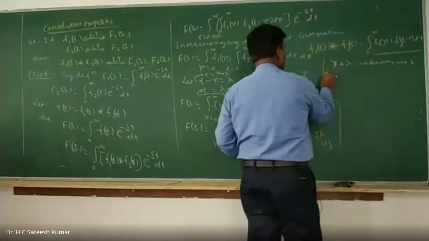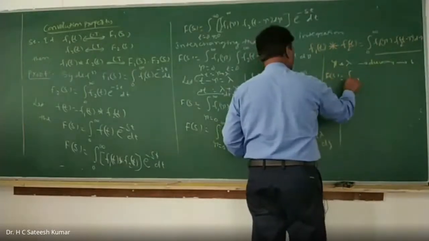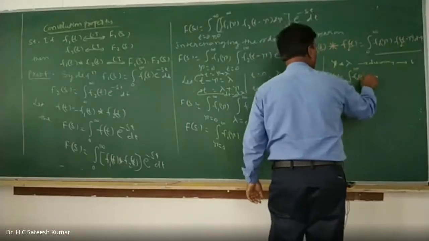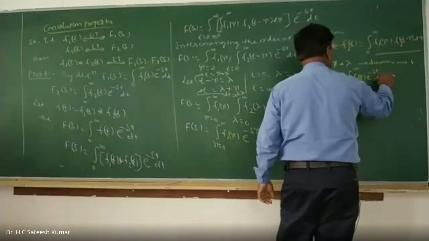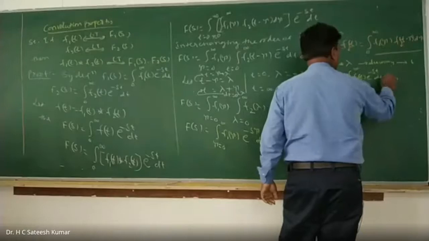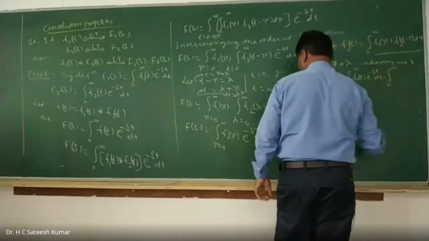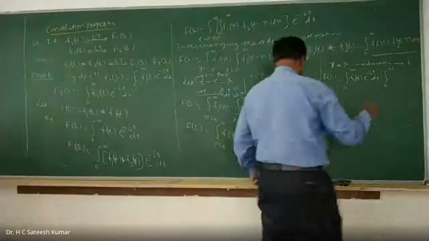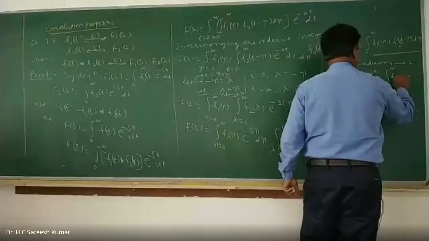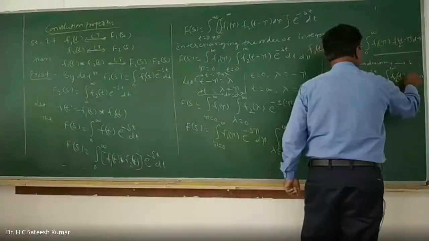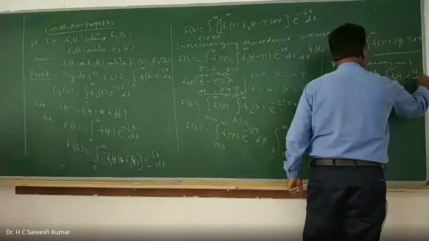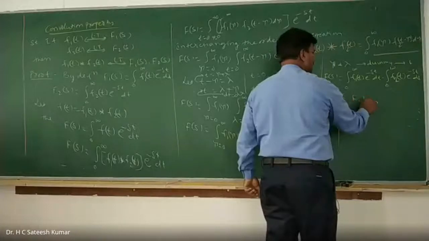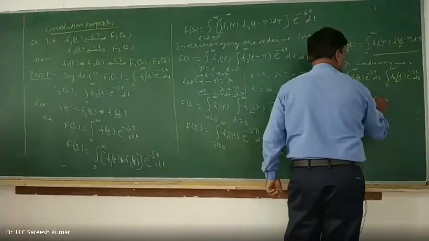Therefore, f of s is equal to integration 0 to infinity f1 of t into e to the power of minus st dt, into integration 0 to infinity, where lambda is also replaced by t, f2 of t into e to the power of minus st dt. This is nothing but f1 of s, and this is nothing but f2 of s.